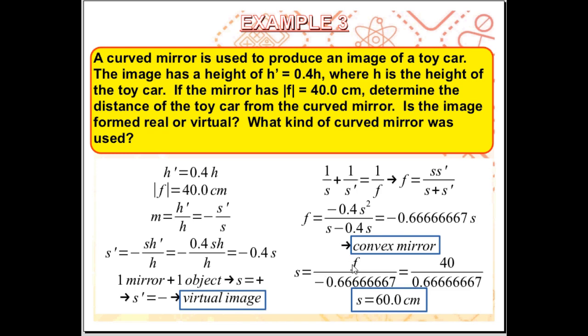So substituting f with negative 40 divided by negative 0.666, cancel out the negative sign. 40 divided by 0.666 and so on, we can calculate s, the object distance, to be 60.0 centimeters. The object is 60 centimeters from the curved mirror. So you have a virtual image, convex mirror, and the object is 60 centimeters from the mirror.